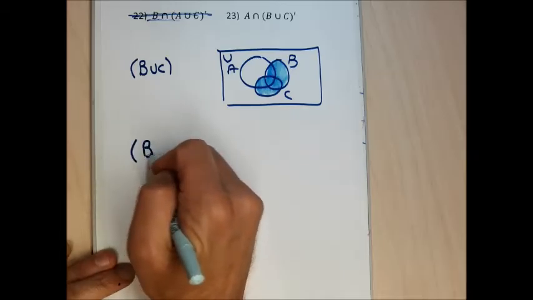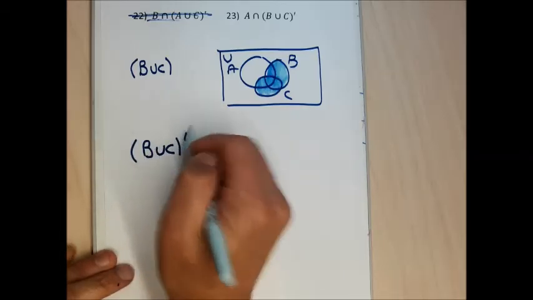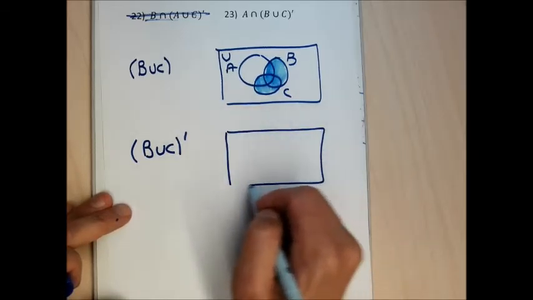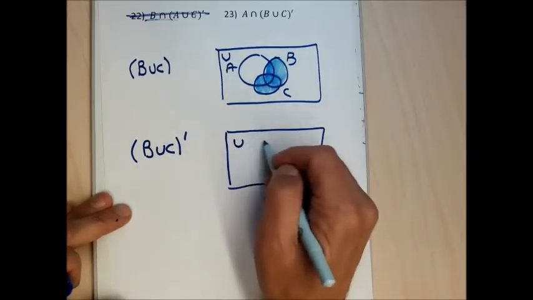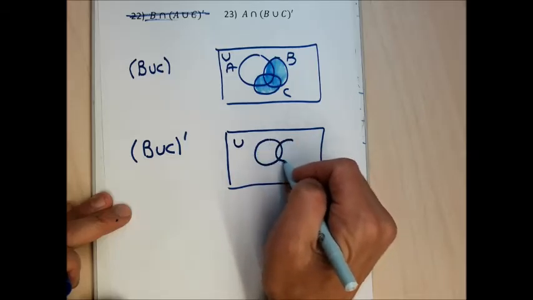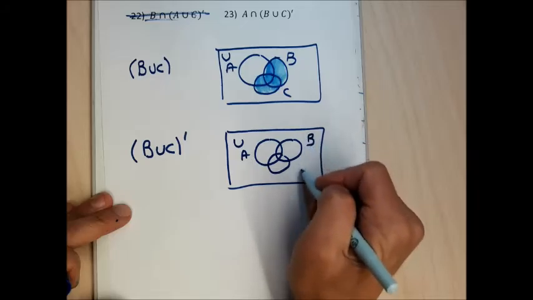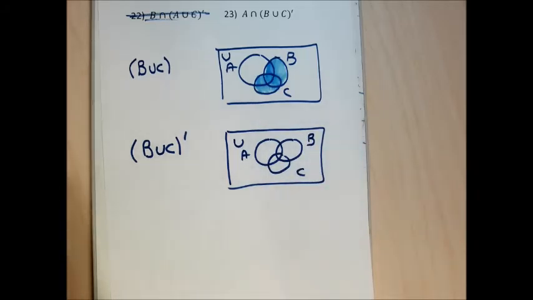Now I'm going to complement that, and of course to complement a set, you shade what's not shaded. So I'm going to take the set that I've just drawn and form its complement. I form its complement by shading what's not shaded.